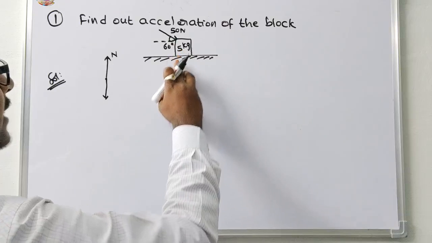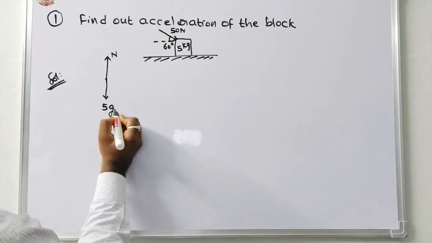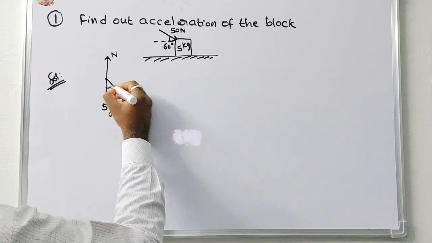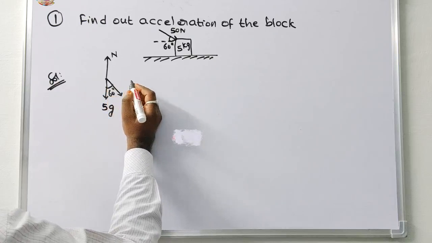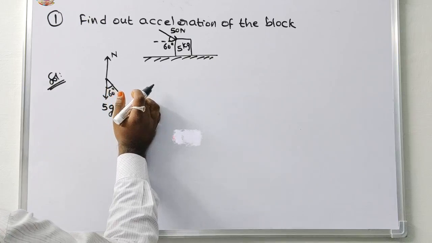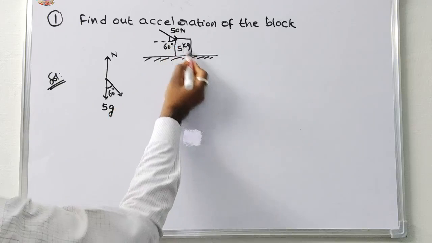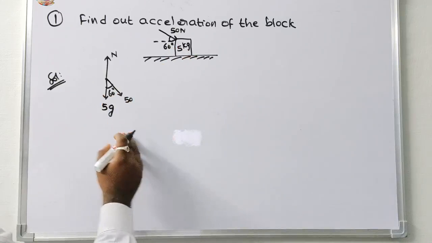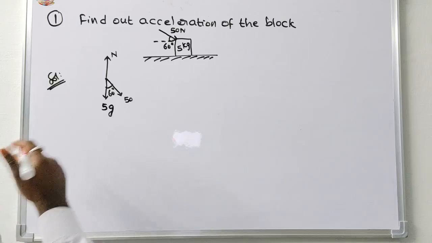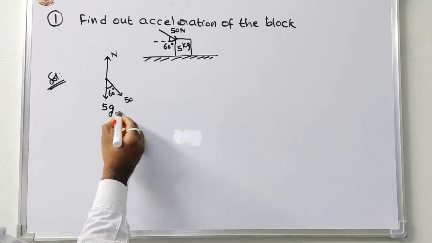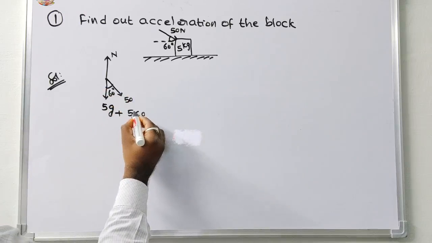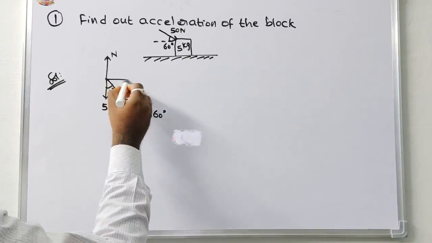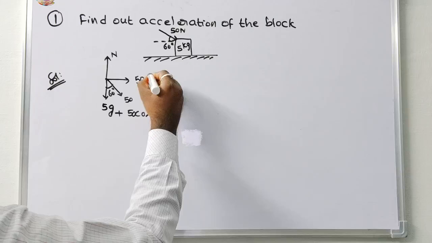The mass is 5 kg, so 5g acts downward. The force, making an angle of 60 degrees, is resolved into two components: the first is the horizontal component and the second is the vertical component.